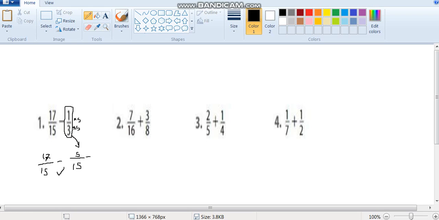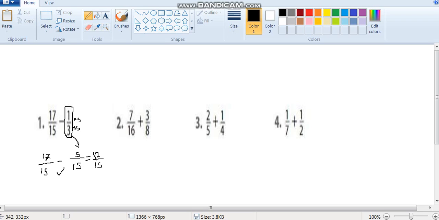So when you minus, you will not change the denominator. You put the denominator 15 now, and you will change only the upper part, which is called the numerators. 17 minus 5 will be 12. So the answer will be 12 over 15.